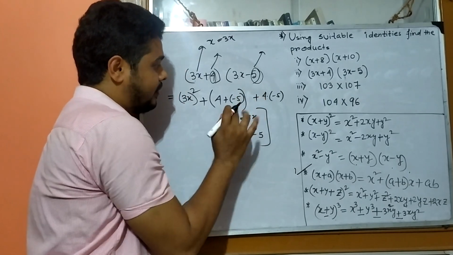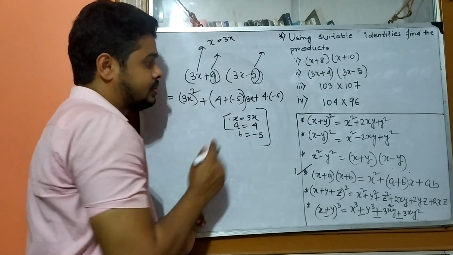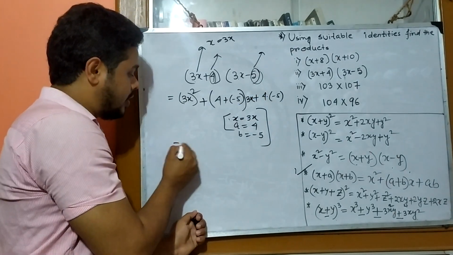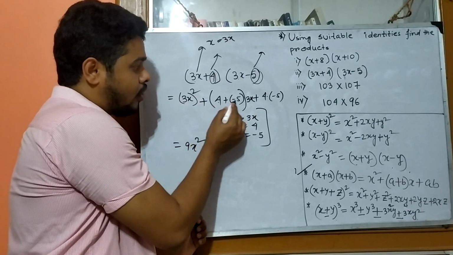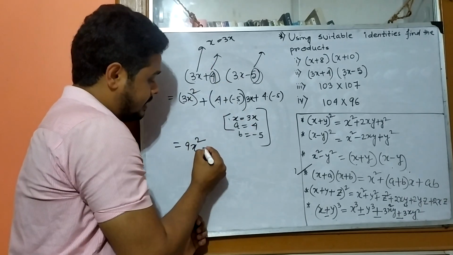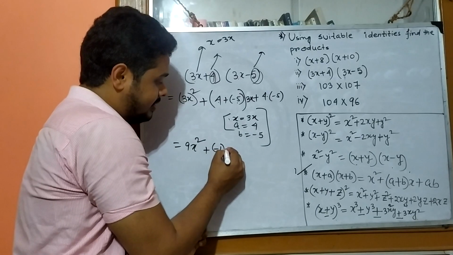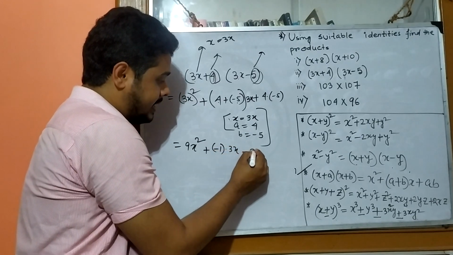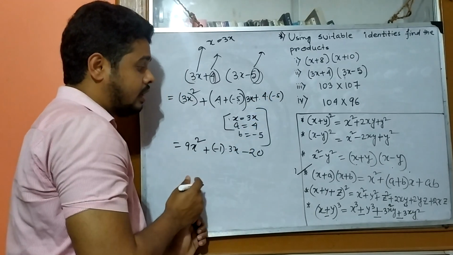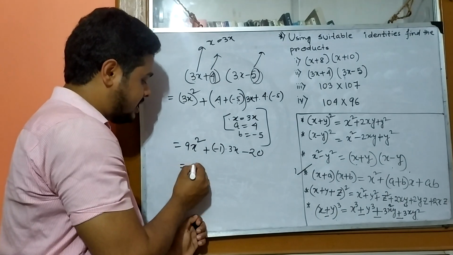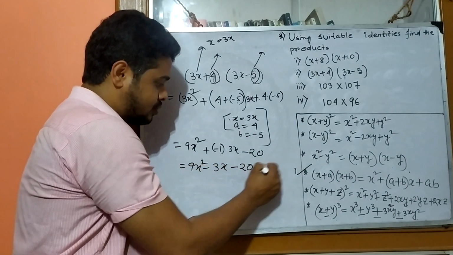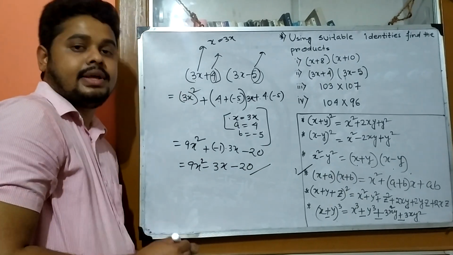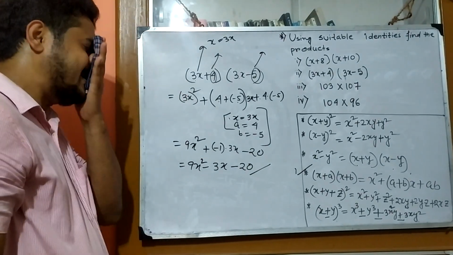So in place of x we have to write 3x. So our result becomes 9x square, 4 minus 5 that is minus 1, into 3x, minus 4 into 5, that is minus 20. 9x square minus 3x minus 20. That is our result. Clear?